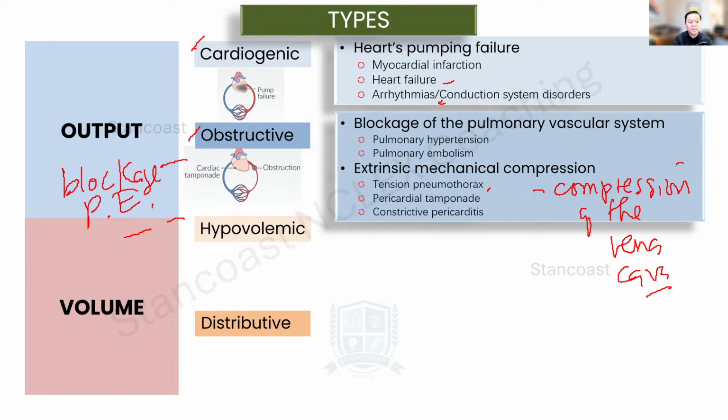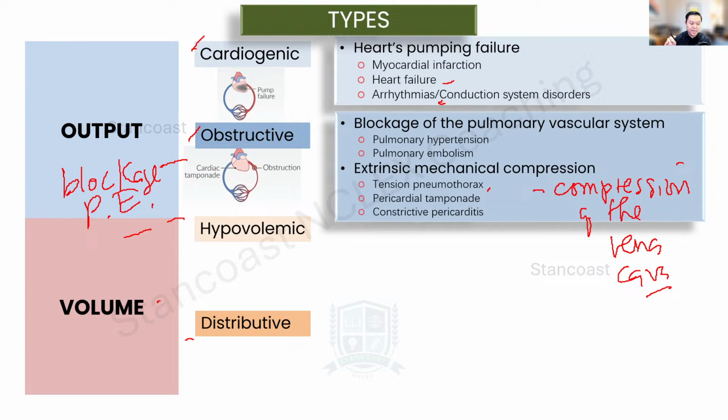That's why the hypovolemic and the distributive shock will be classified according to the volume. Okay, when we are talking about the hypovolemia, we are talking about the loss or the lack of the circulating fluid volume in the bloodstream. Maybe there is blood loss, or maybe because of dehydration or excessive diuresis.